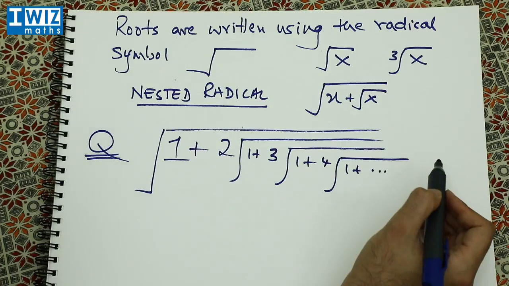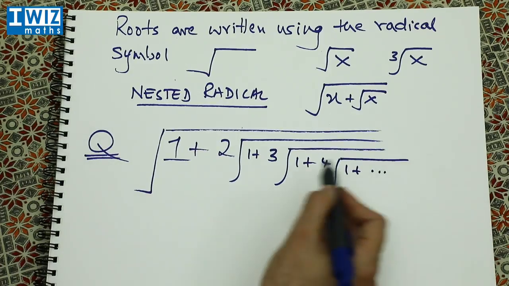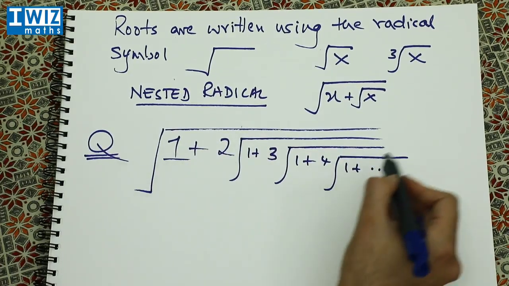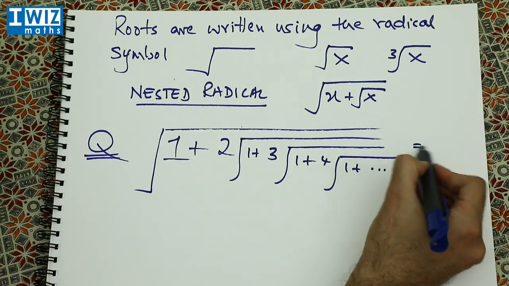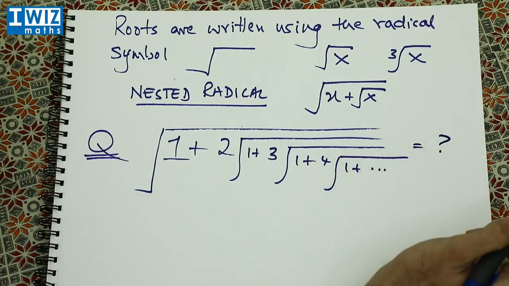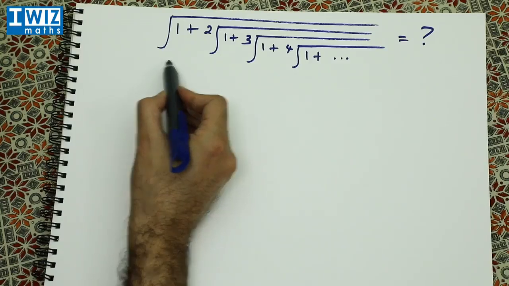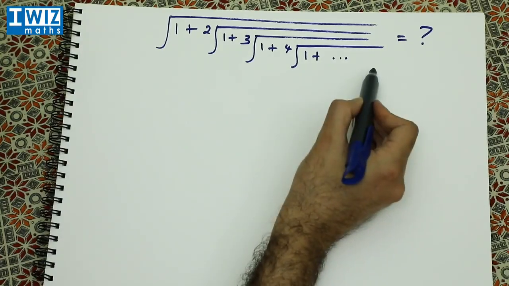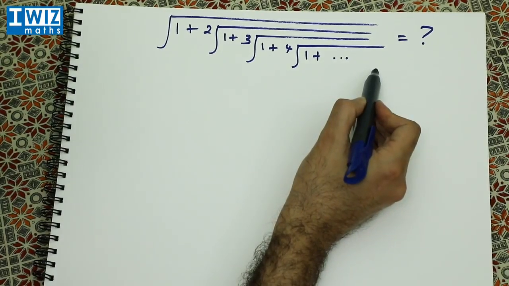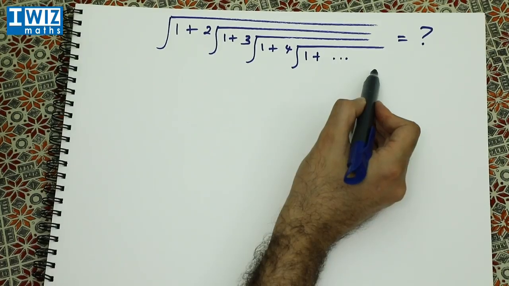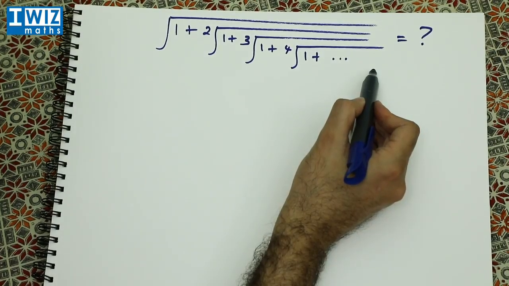So the question is, can we evaluate this nested radical, and what is it actually equal to? This is the expression that we are meant to evaluate, and looking at it, it does look slightly daunting, slightly difficult in terms of how we actually make progress.